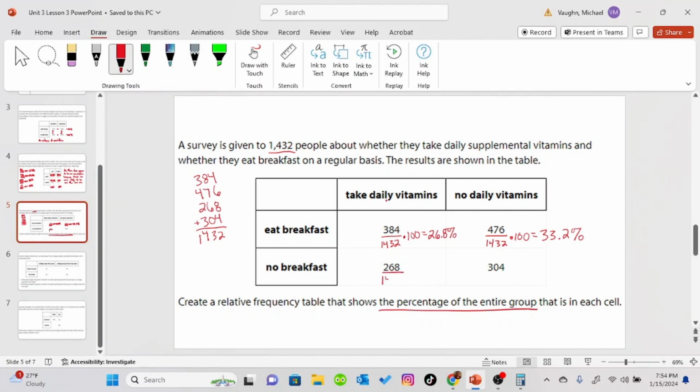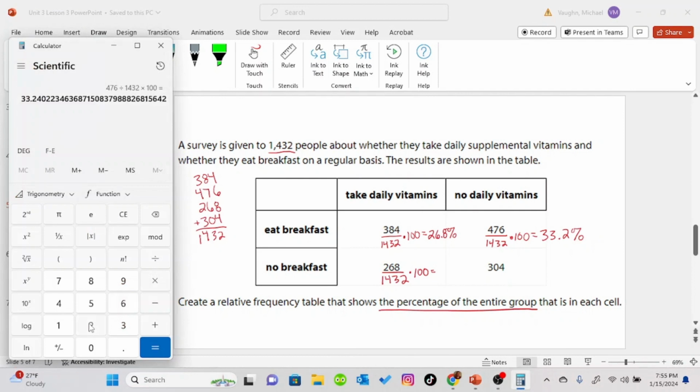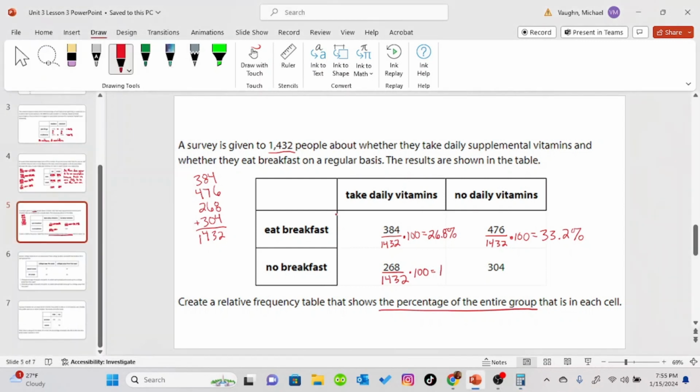268 divided by 1,432 times 100 is 18.7%.